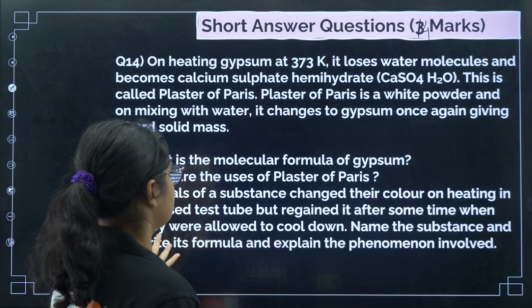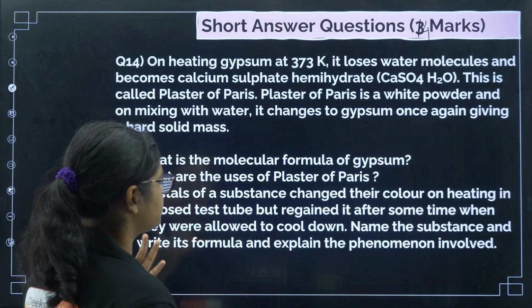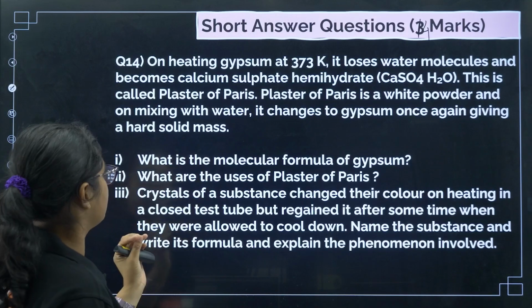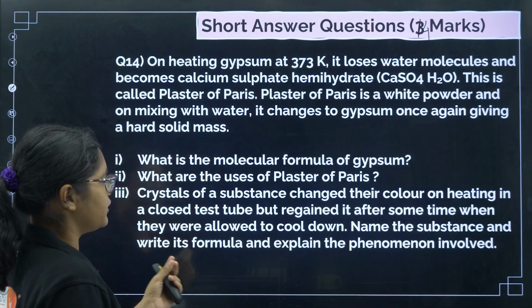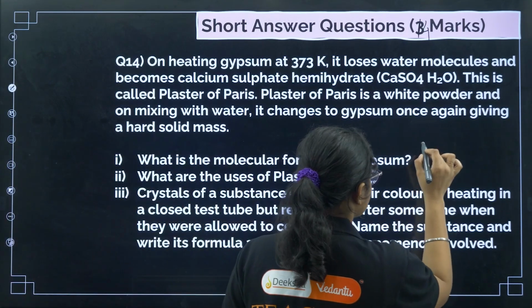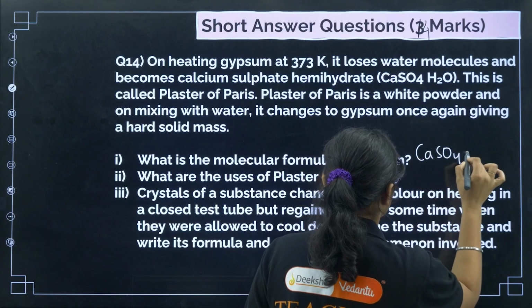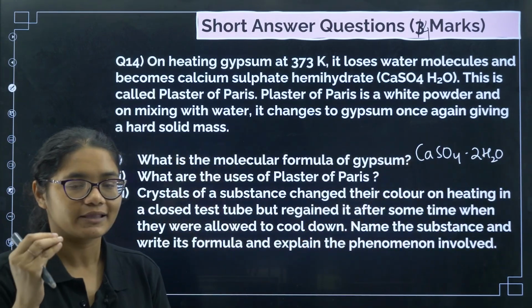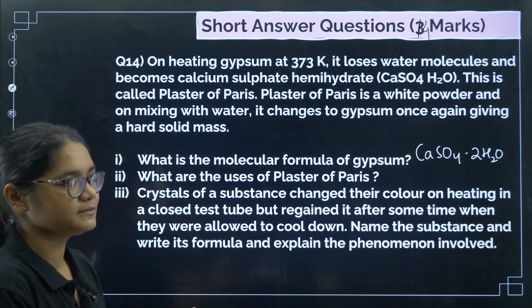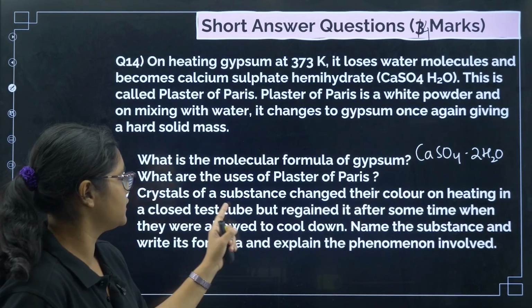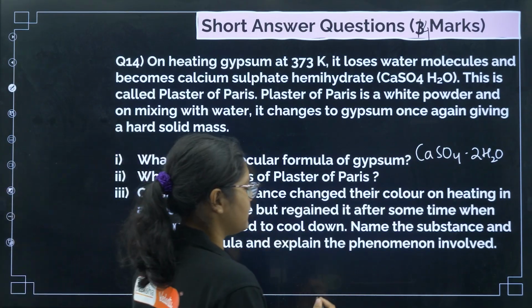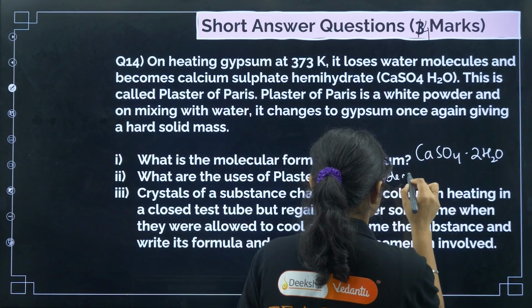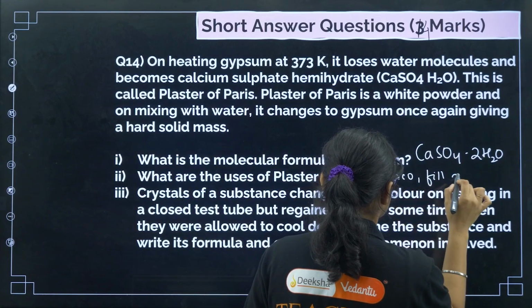Plaster of Paris is a white powder, and on mixing with water it changes to gypsum, once again giving a hard solid mass. What is the molecular formula of gypsum? So gypsum, as we have discussed, is calcium sulfate dot 2H2O. When we heat it, 1.5 molecules go out, and we get calcium sulfate half H2O, which is plaster of Paris. Next, what are the uses of plaster of Paris? Uses you can write down: for decorative items and to fill the gaps.